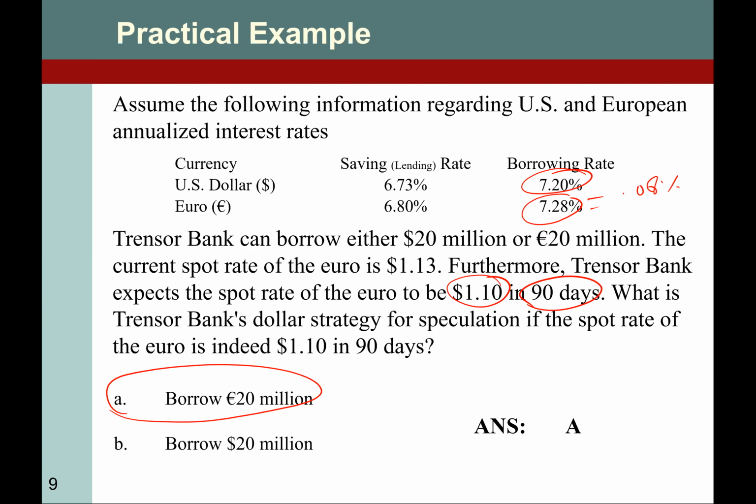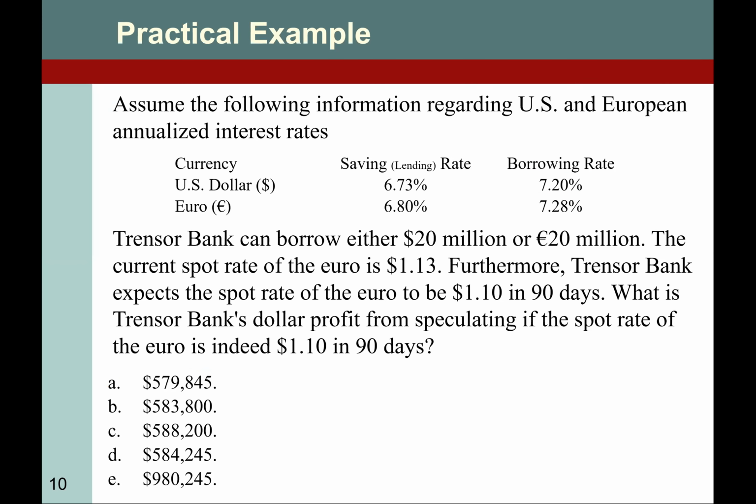Okay, now the next question is, if all this information is the same, then what is your dollar profit? Let me read the question one more time. Assume the following information regarding US and European annualized interest rates, which means these interest rates are based on one year. So we have US dollar, euro, this is the saving or lending rate, and this is the borrowing rate.